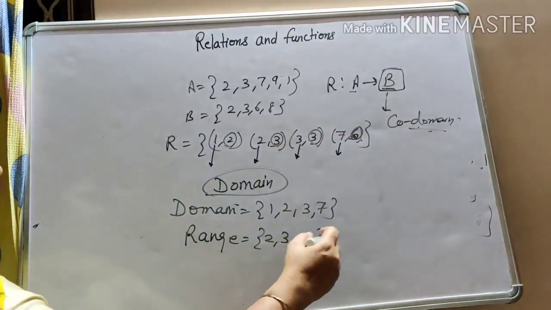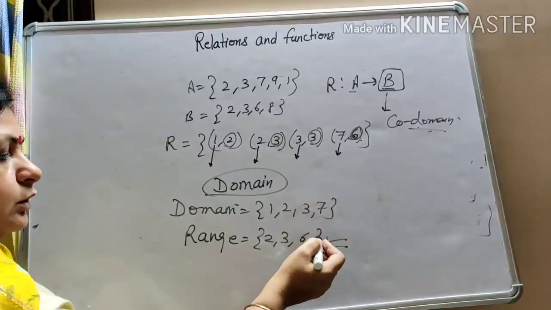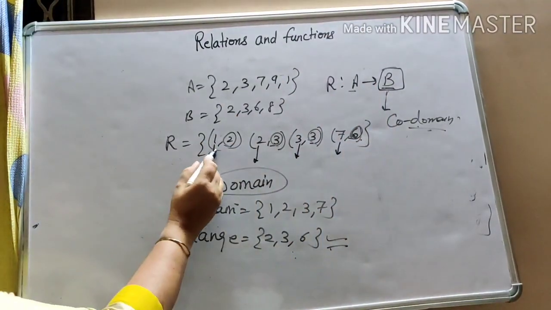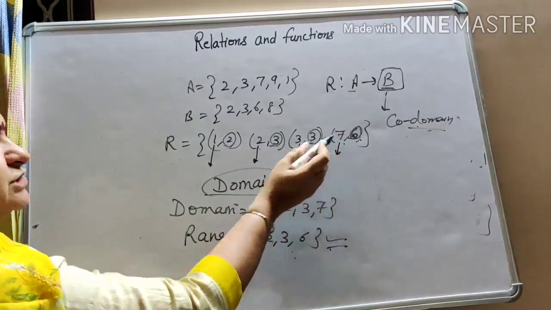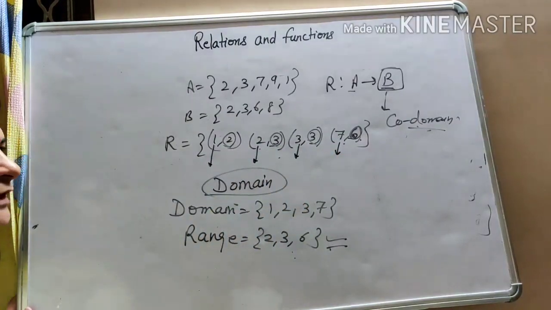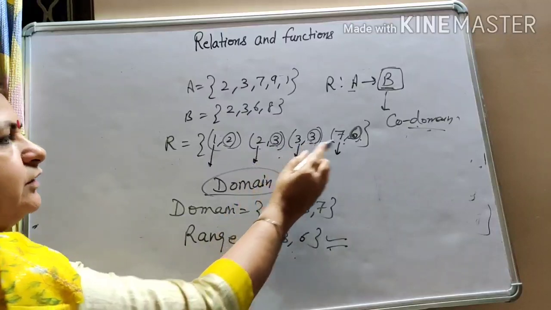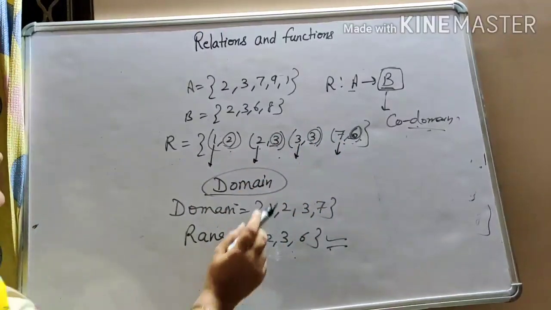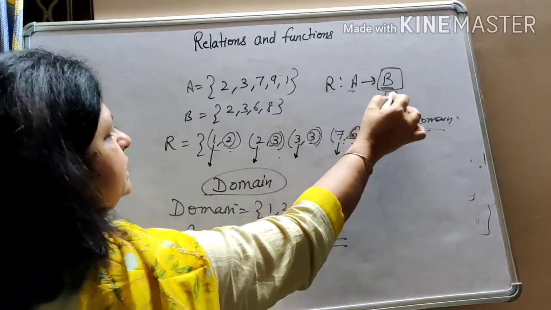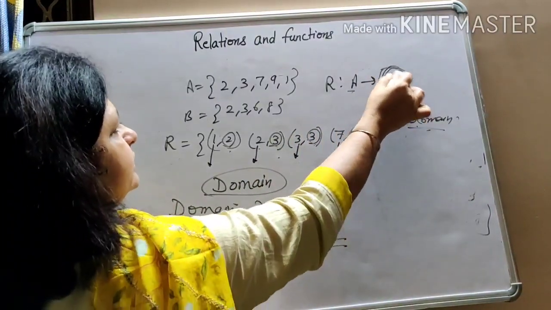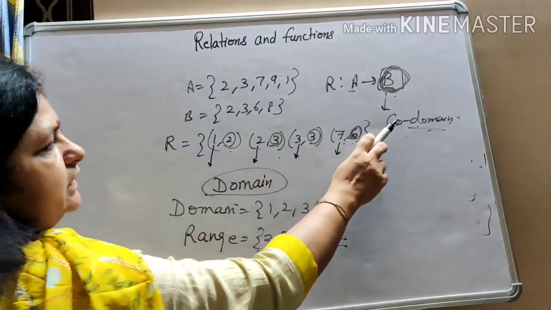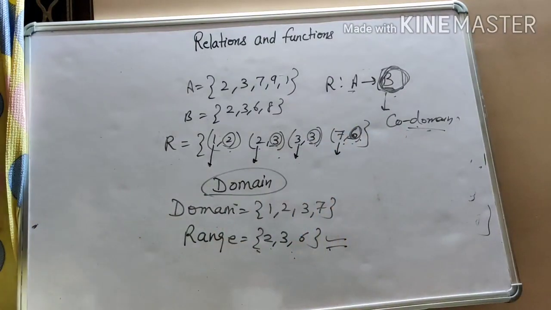And we can say range is always the subset of codomain. So first element of relations will be considered as domain. Second element of this relation will be considered as range. And if relation is from A to B, then this second set will be considered as codomain, and range is always the subset of codomain.